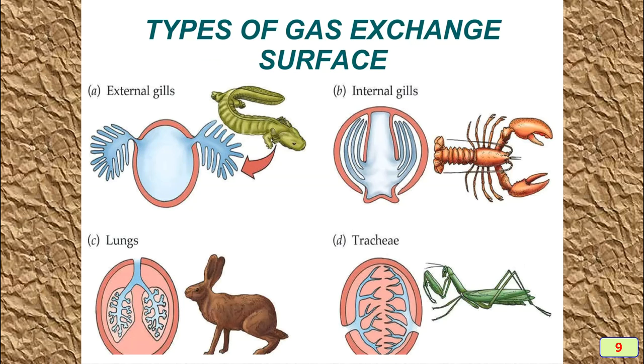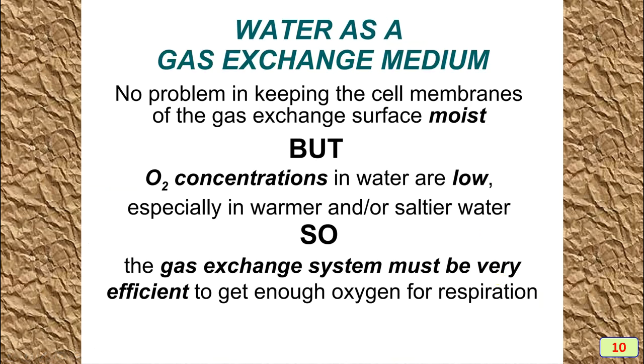Here are some different types of animals and their exchange surfaces. Amphibians and fish have gills, internal gills are found especially in arthropods, specialized lungs are present in mammals, and the trachea is present in insects like grasshoppers. Water as an exchange medium is no problem.